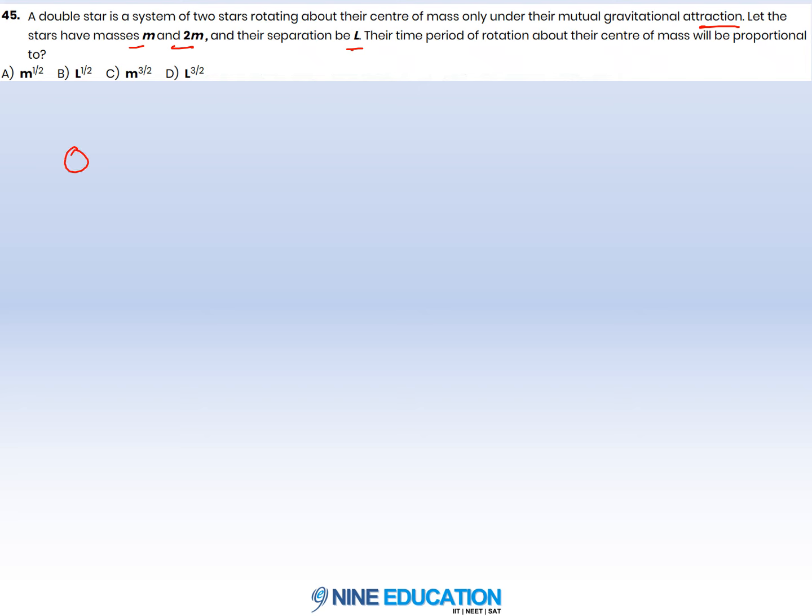Suppose this is a double star, and their center of mass is somewhere here. This is m, this is 2m. The center of mass is closer to the bigger mass, somewhere here. This is r1, this is r2.